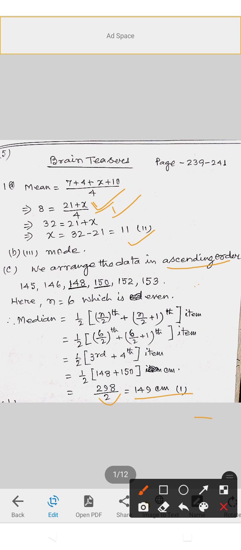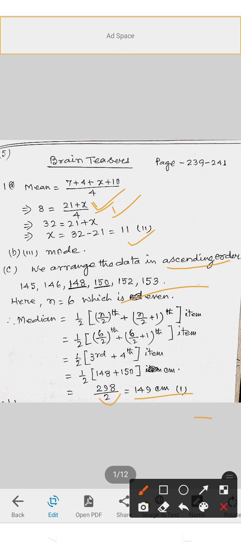So 6 by 2, that is third term plus fourth term, times 1 by 2. Here third term is 148 and fourth term is 150. So (148 + 150) by 2 = 298 by 2 = 149 centimeters. So option 1 is the correct answer.